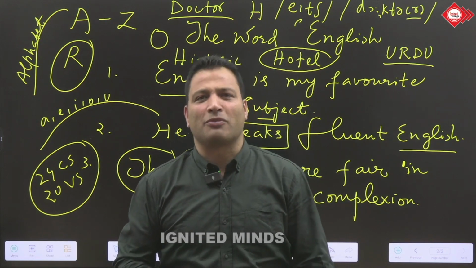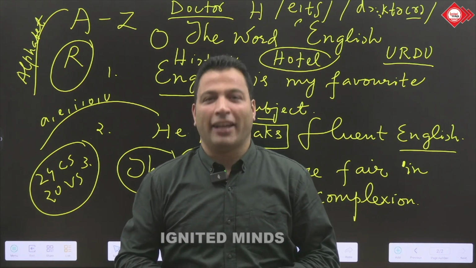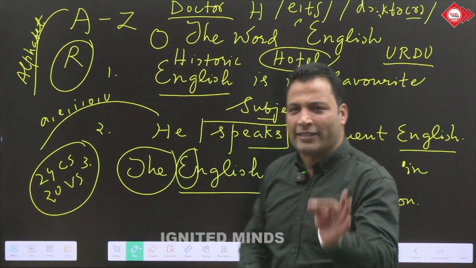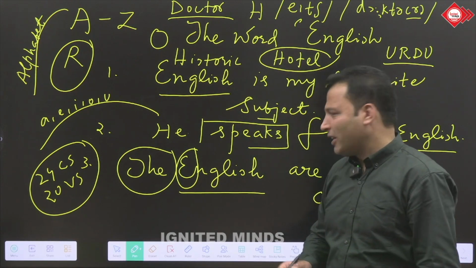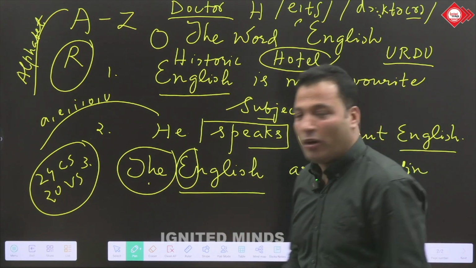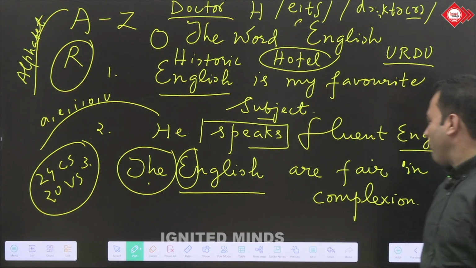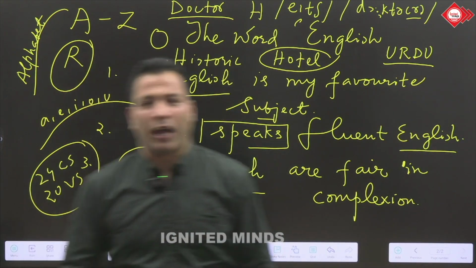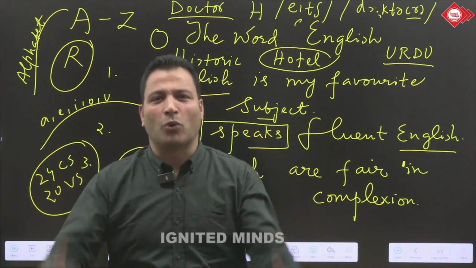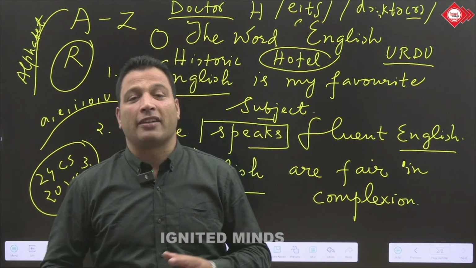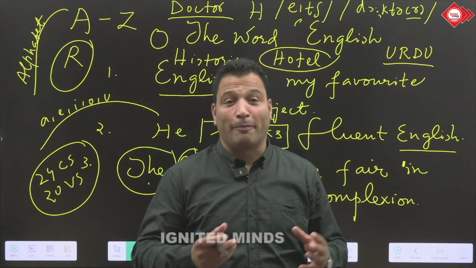English begins with E. Therefore, we have vowel sound, and if we have vowel sound, dear friends, what will be the pronunciation of THE? It will be the. Therefore, we will read as the English are fair in complexion. Fair in complexion. That means उनका जो रंग होता है, चेहरे का complexion होता है, वो fair होता है. And that is the complexion of the English.